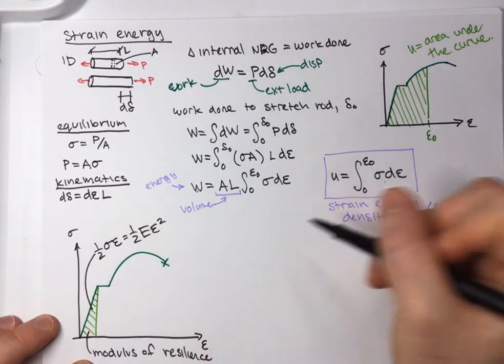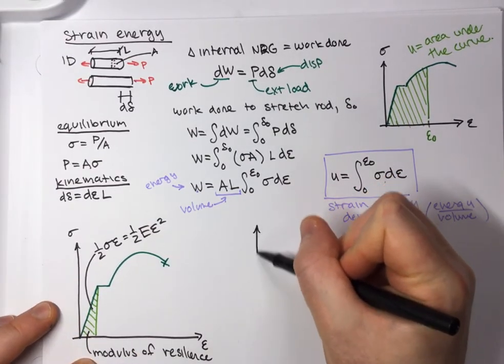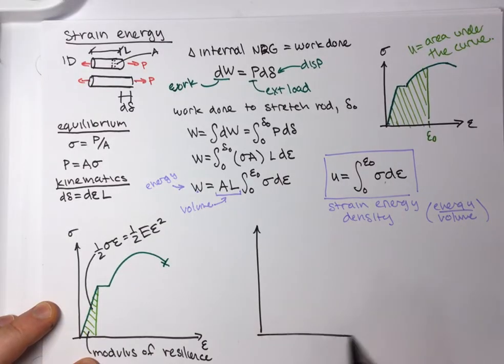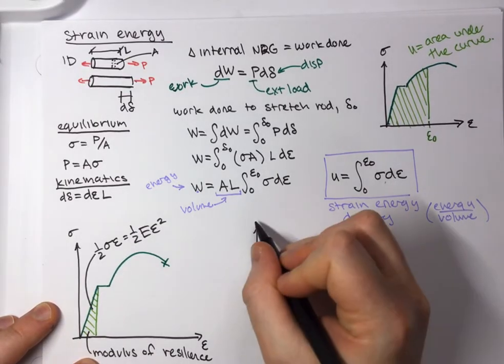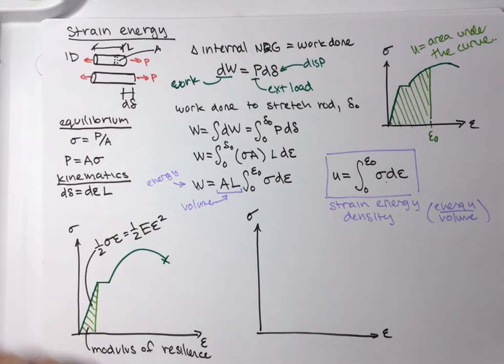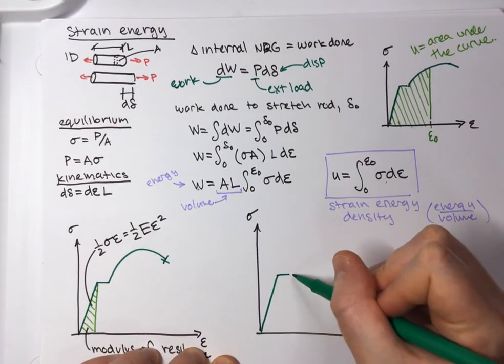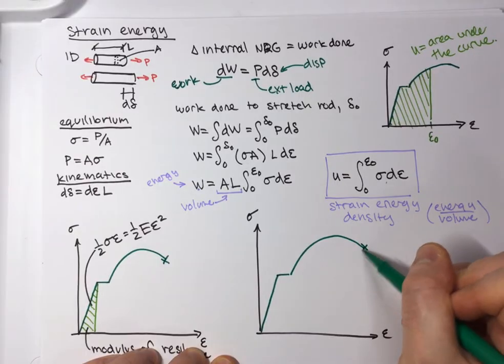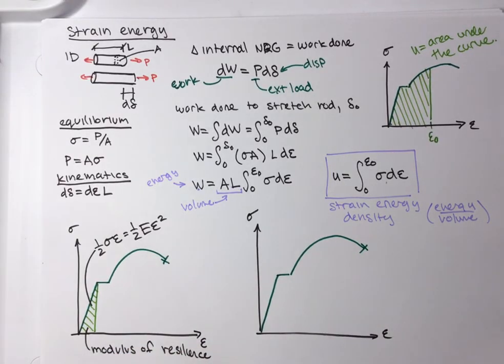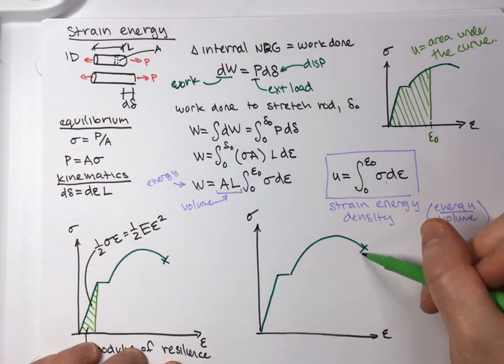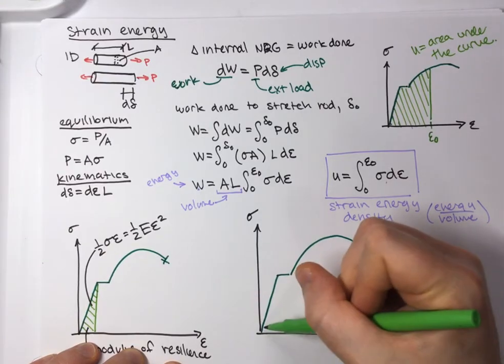The other one that we might be interested in characterizing, I draw my picture here again. Here's strain, here's stress. Here's our stress-strain curve. It is the total amount of energy that the material can absorb before it fractures.